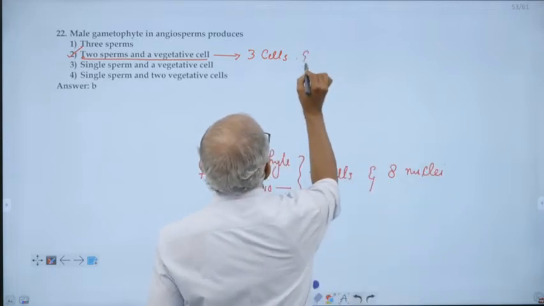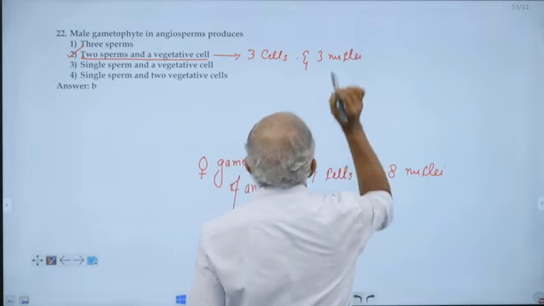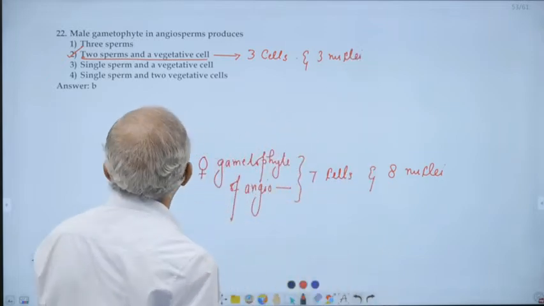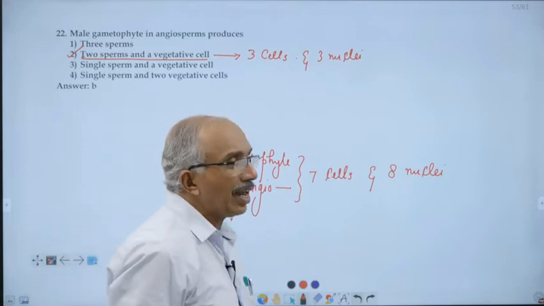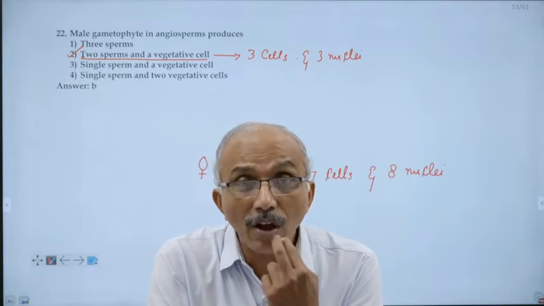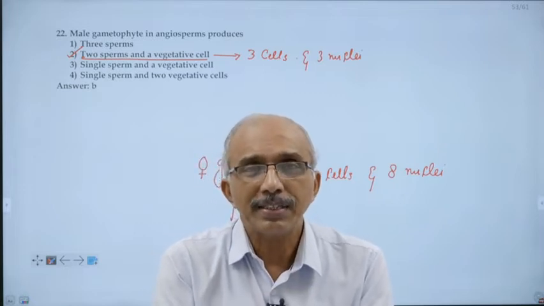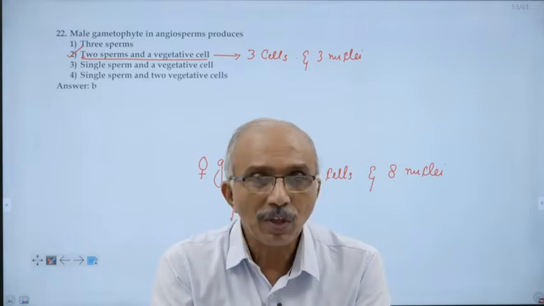Here, male gametophyte has 3 cells and 3 nuclei. Female is 7 cells, and why 8 nuclei? The central cell consists of 2 nuclei. That is the difference between the number of cells and nuclei.